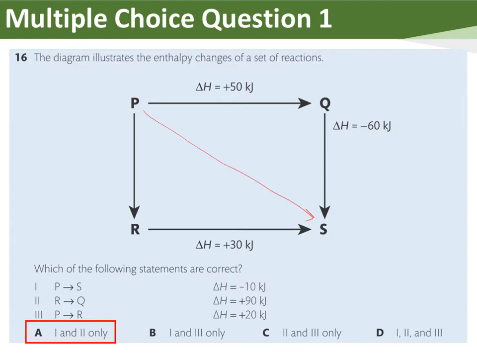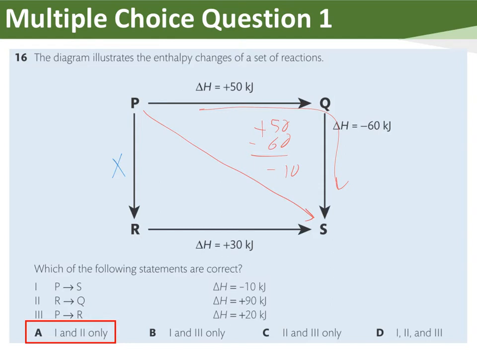We're really trying to get from P to S, and if I go this route here, I have plus 50 minus 60, which is negative 10 kilojoules as an overall process. Here I have X, and let's use a different color.